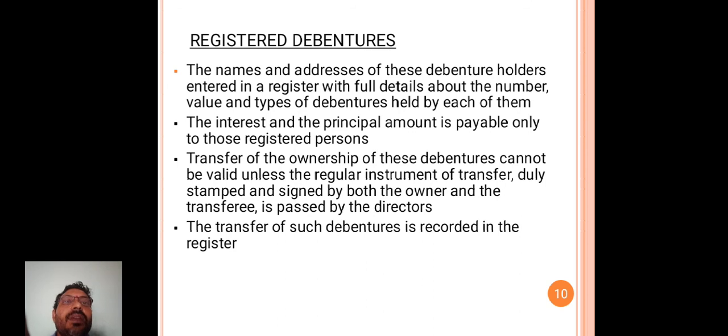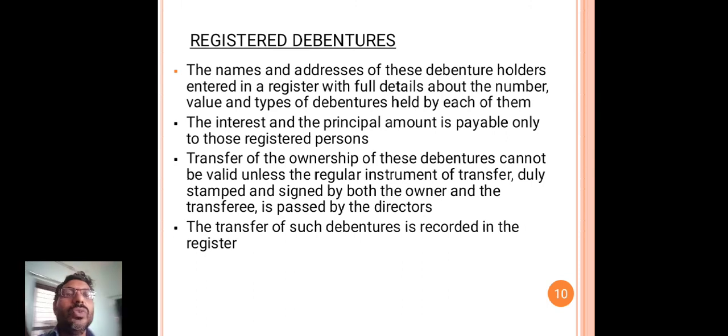The first one is registered debentures. The names and addresses of these debenture holders are entered in a register with full details about the number, value, and types of debentures held by each of them. The interest and the principal amount are payable only to those registered persons.